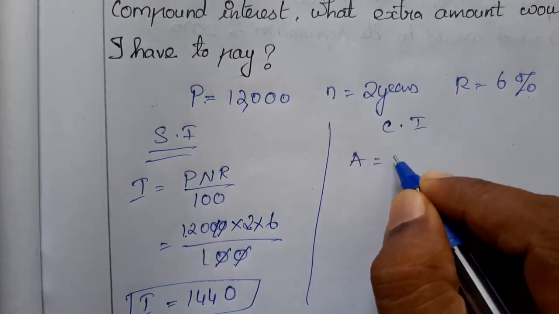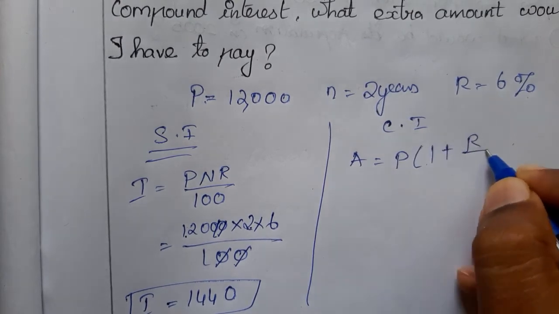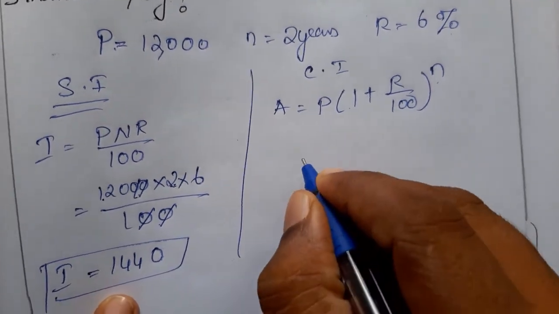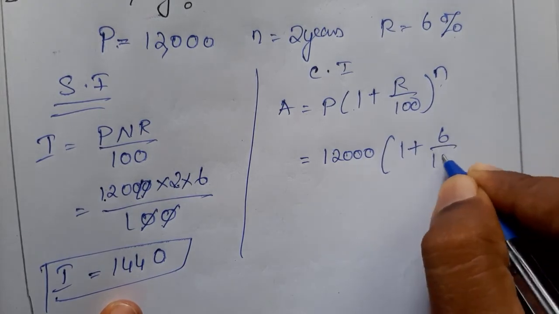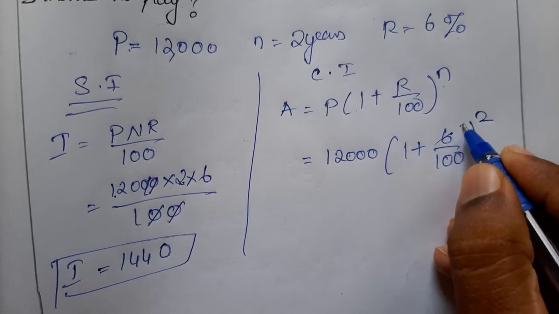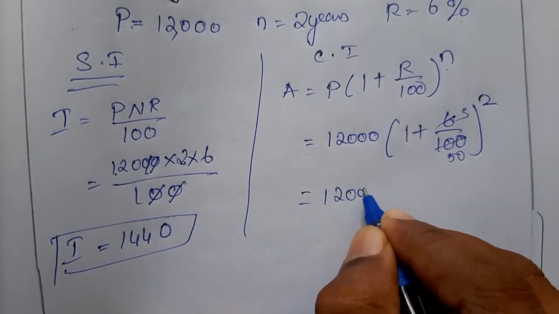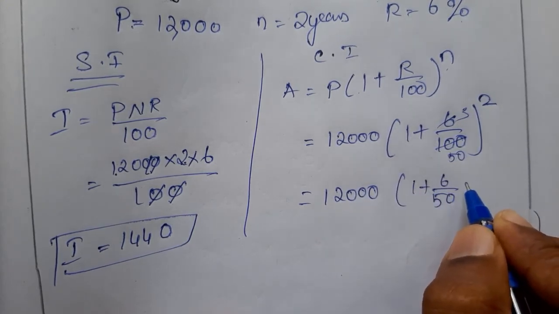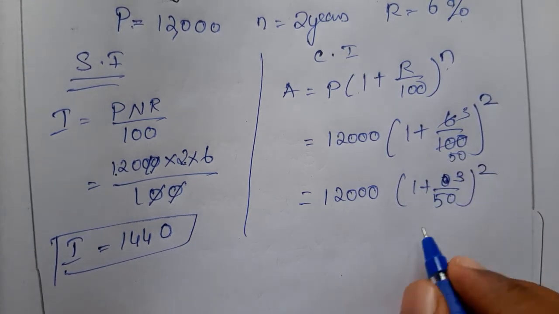We know the amount formula is equal to P into (1 plus R by 100) whole power n. So principal is 12,000 into (1 plus 6 by 100) the whole power 2. So this 2 table I can reduce it as 3 by 50. So 12,000 into (1 plus 3 by 50) the whole square.